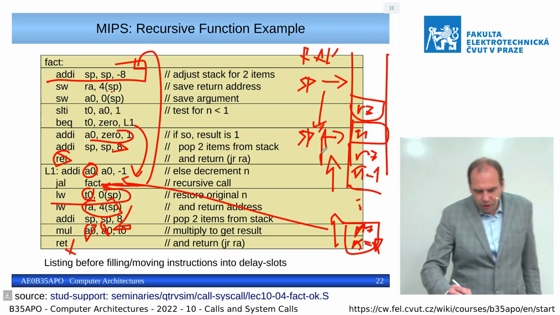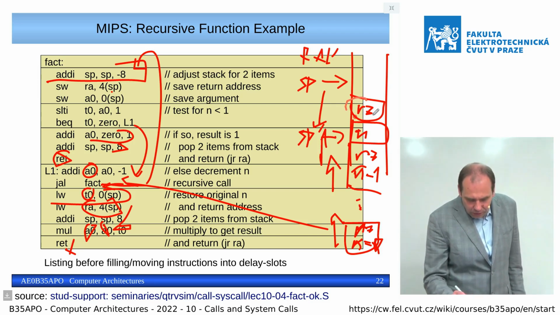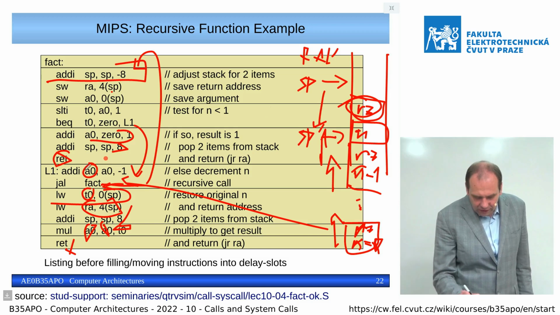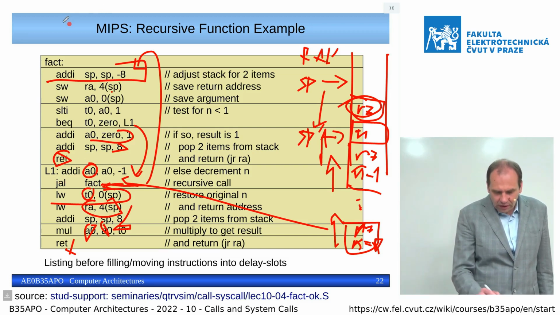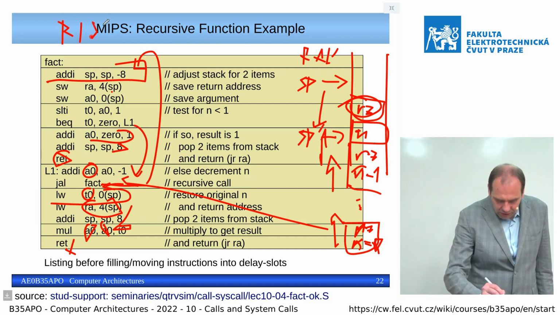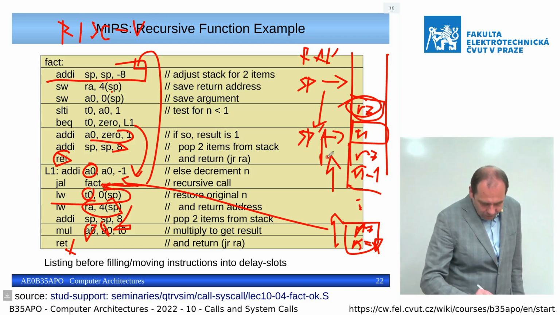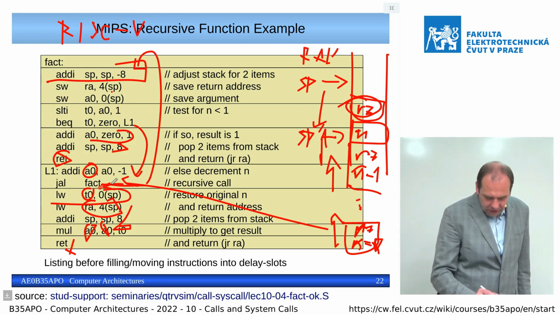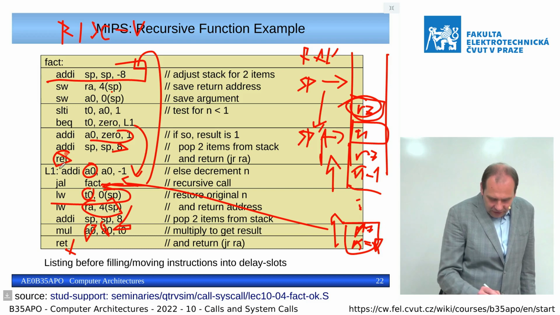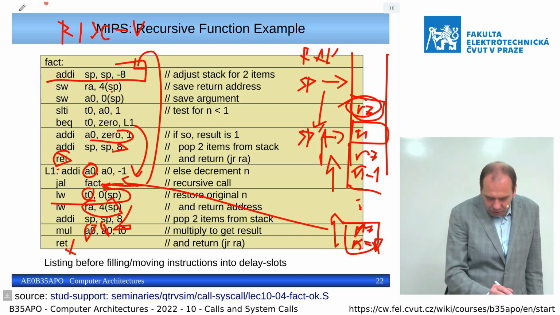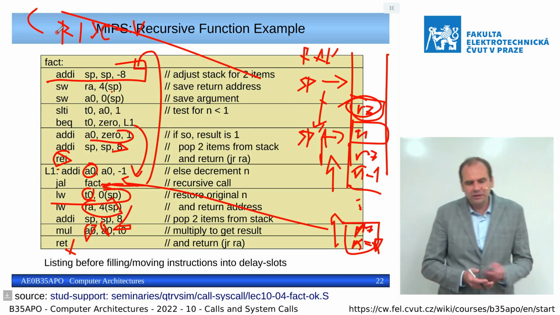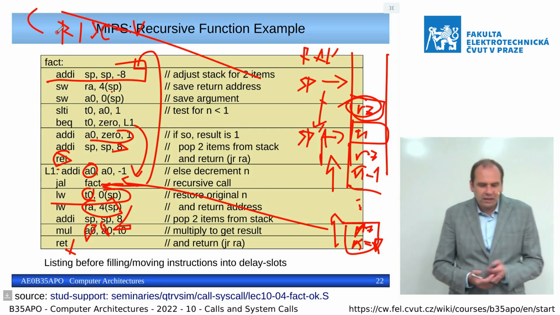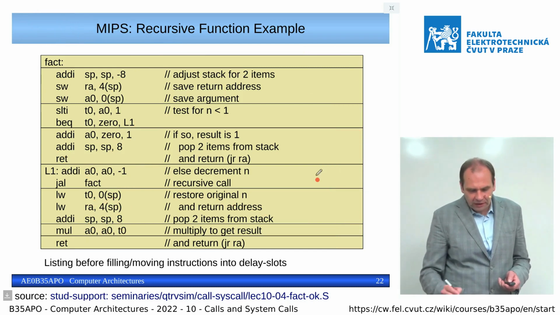And it goes on until we get to the location where the return address does not point inside the function, but points to the calling function somewhere else in the program, and this breaks the recursion, and the program behaves like it should.